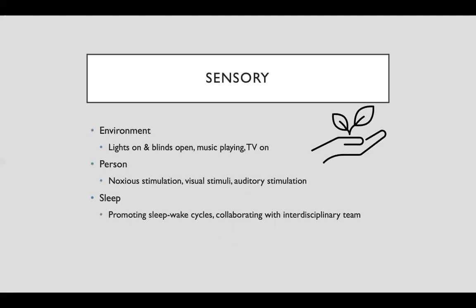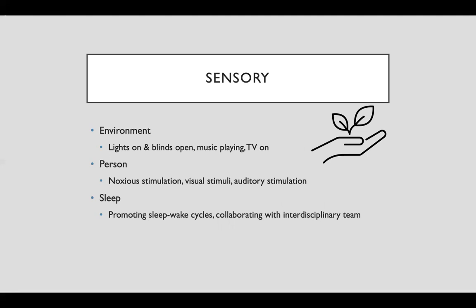So first we have sensory, and this is one of the non-pharmacological areas, obviously. And we want to look at environment, the person, and the sleep. So environmental interventions include lights on, blinds open, music playing, or TV on, and think about writing orientation information somewhere where the patient is able to see it.